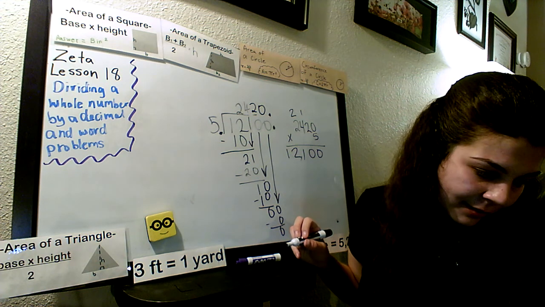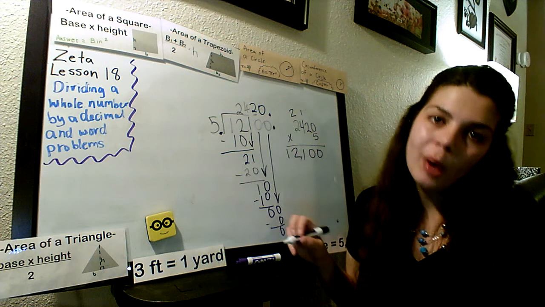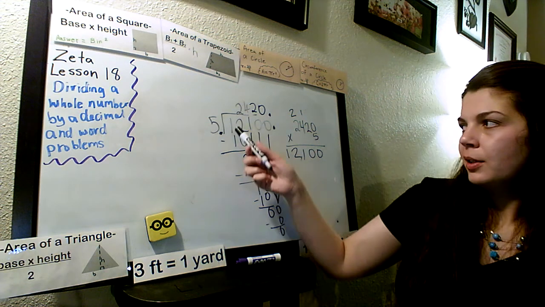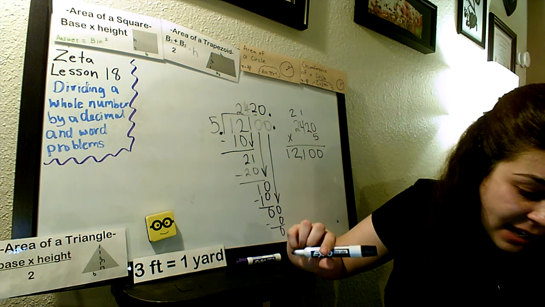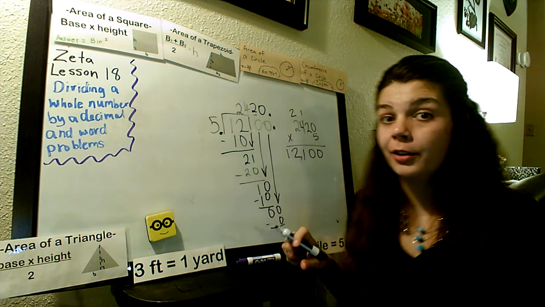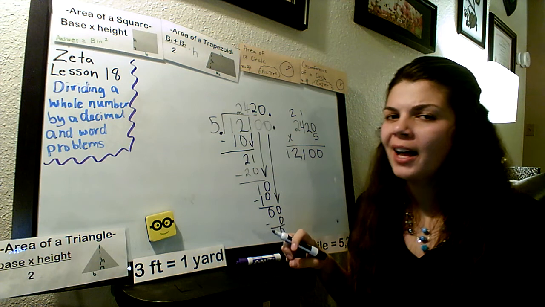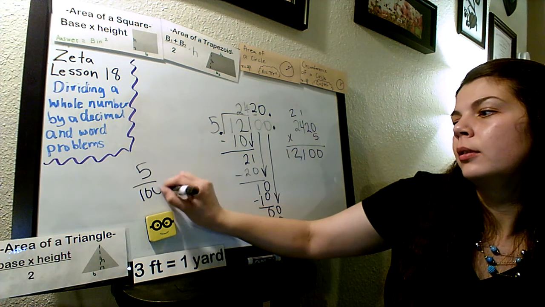So, there's a word problem that goes along with this question. Let's see, it says, how many sets of 5/100ths of a dollar? How much is 5/100ths of a dollar?